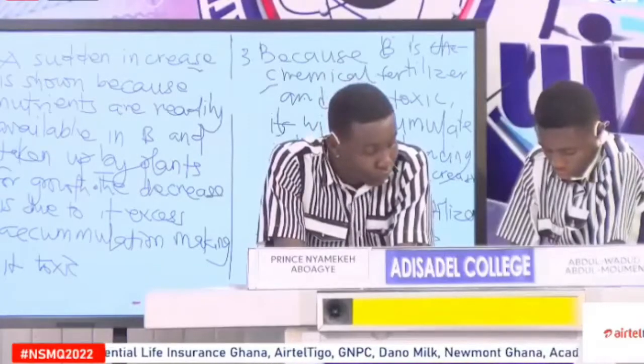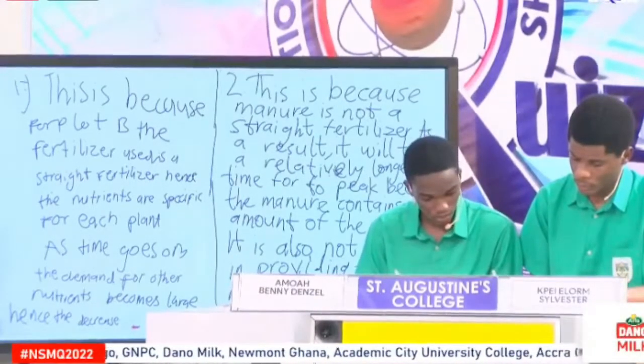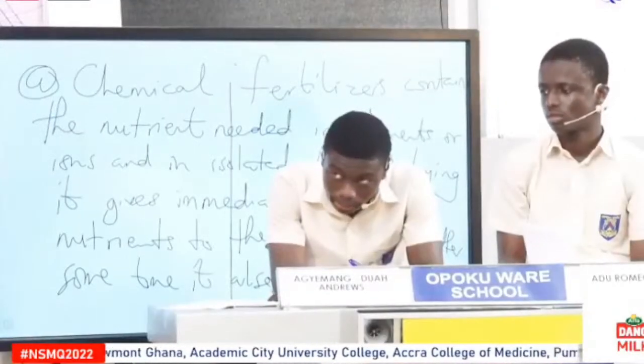The first one was, explain why plot B shows a sudden increase and then a gradual decrease in yield. So this is a plot for the chemical fertilizer. So they are to explain the shape of the chemical fertilizer. So the first part, the rise, okay?